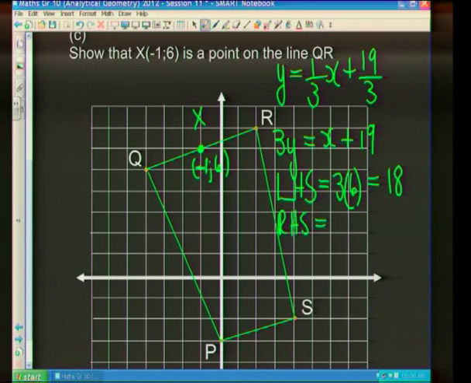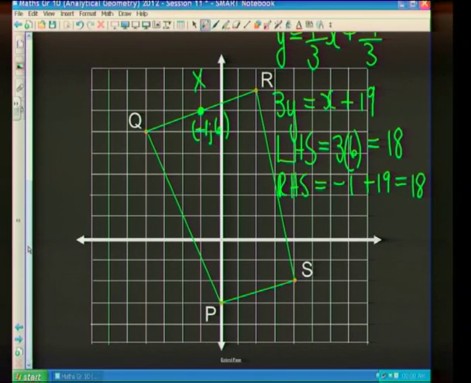So that's minus 1 plus 19, which also gives me 18. And that is how I know that the equation is satisfied. And then you can write left-hand side equals right-hand side. Therefore, the point x minus 1, 6 lies on the line.